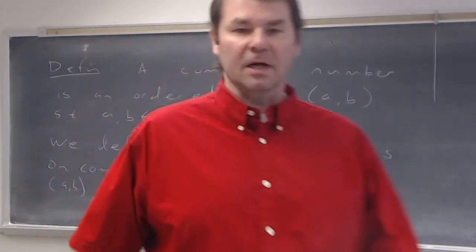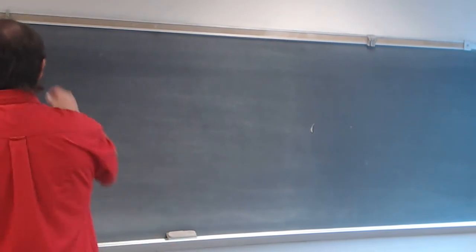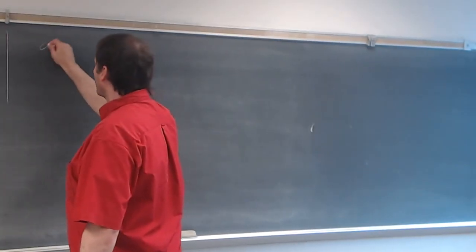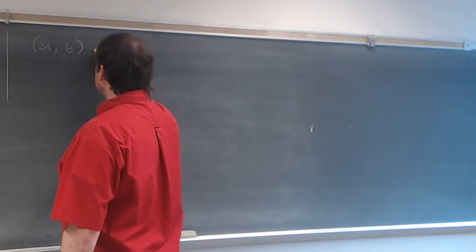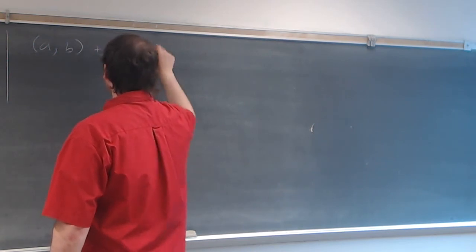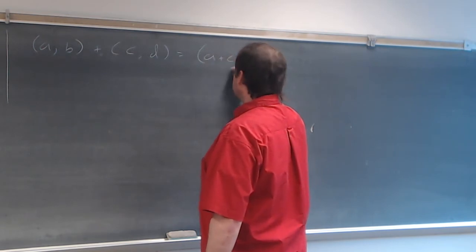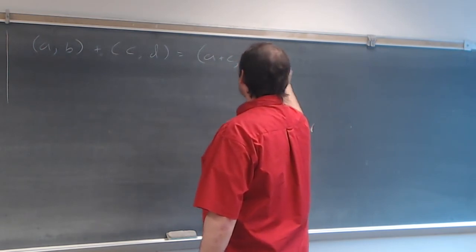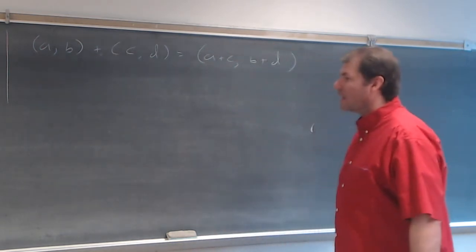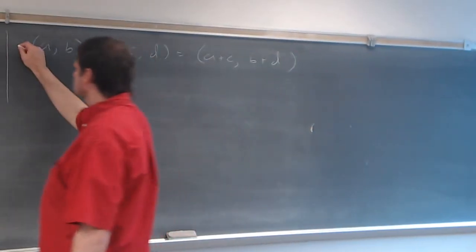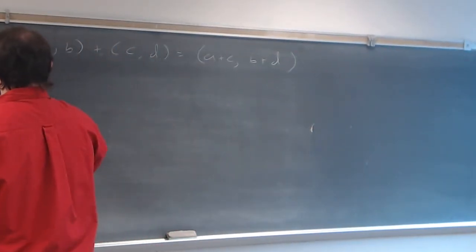And so our first operation is going to be addition. The way that we define addition is that the complex number (a, b) plus the complex number (c, d) will be equal to the complex number (a plus c, b plus d). And that's the first operation, addition.